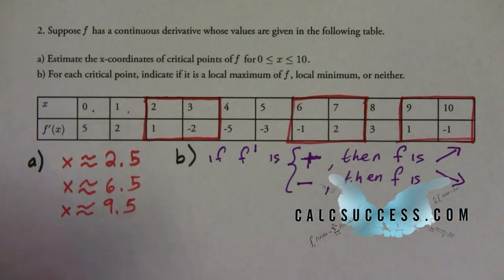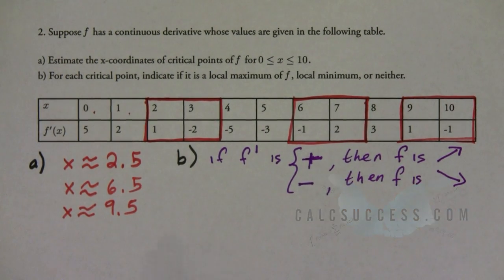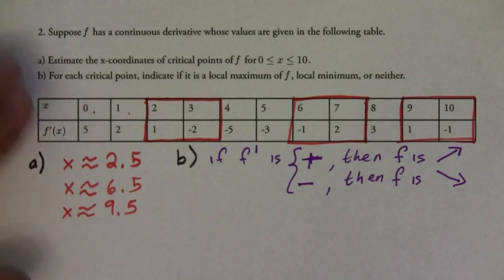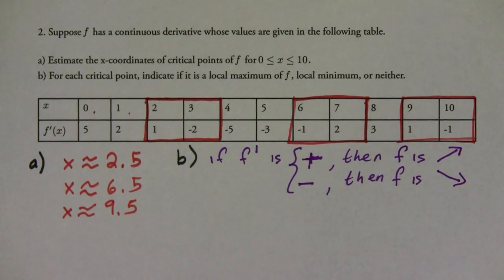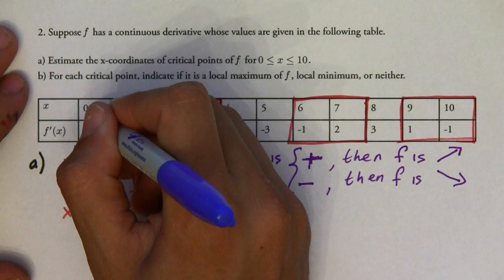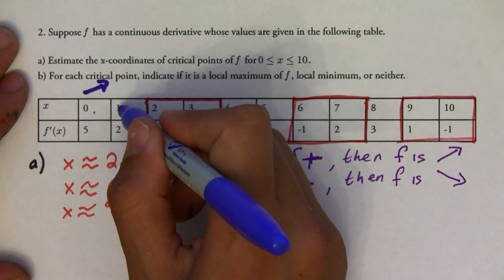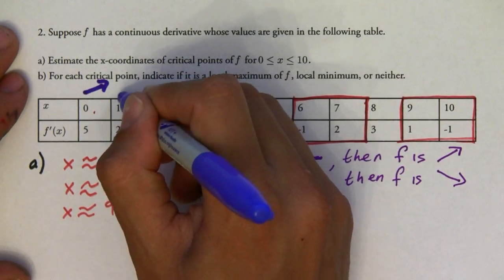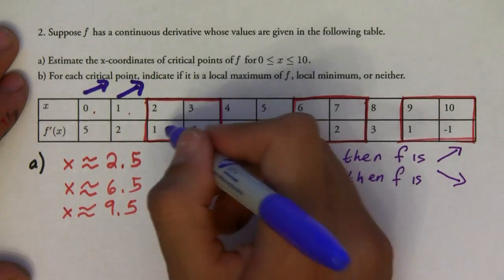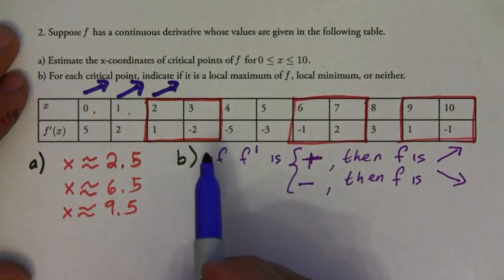And so what that tells me is that if you take a look at here, why don't we put little arrows that tell us whether the function is increasing or decreasing. When x is equal to 0, since the derivative is positive, it's going to be increasing. When x is equal to 1, the first derivative is positive, so it's going to be increasing. Again, the derivative is positive, so it's going to be increasing.